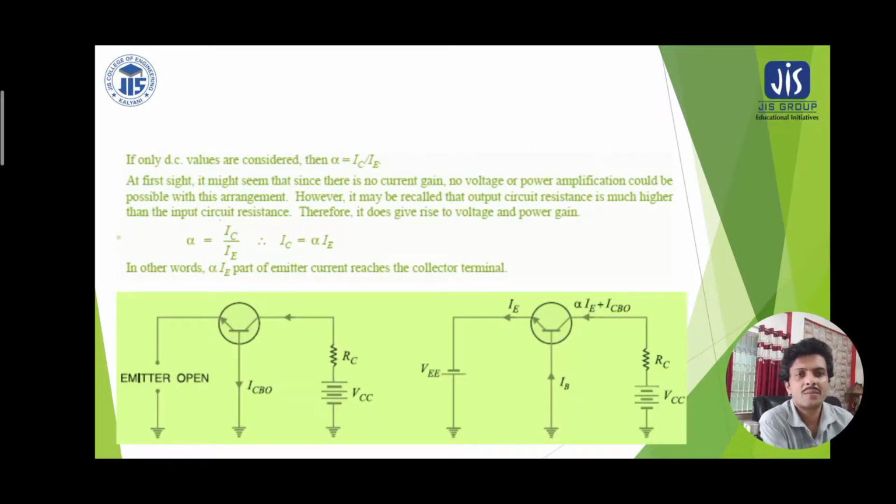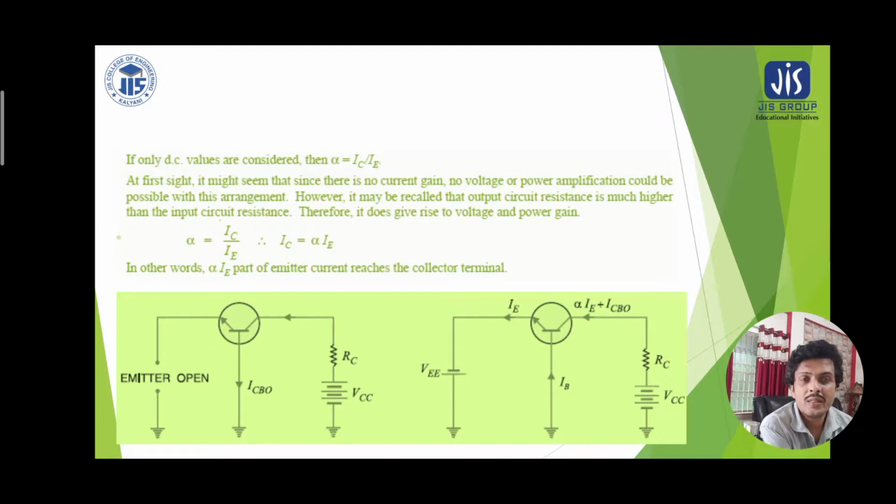Here is a problem shown that if only DC values are considered, then alpha is equal to DC collector current by DC emitter current. At first sight, it might seem that since there is no current gain, no voltage or power amplification could be possible with this arrangement.